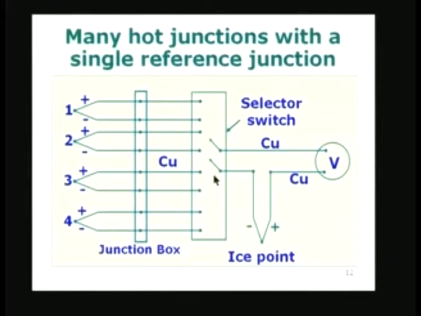So, let us look at, for example, if I were to connect this wire through this switch to this wire and this wire through this switch to this wire, what will happen is there is a copper wire, there is another copper wire, these are two, all these 4 points are on the selector switch which can be kept at the same temperature. Therefore, all these junctions are at the same temperature, these two junctions also.